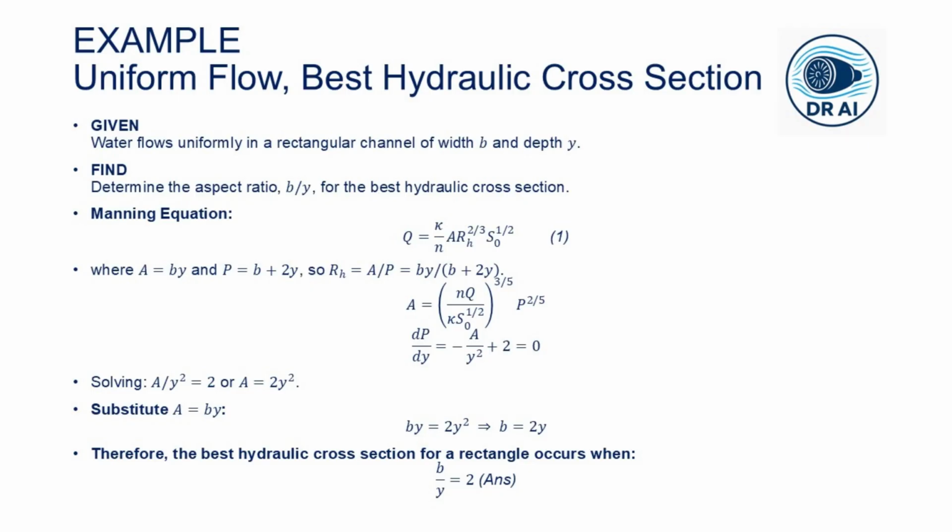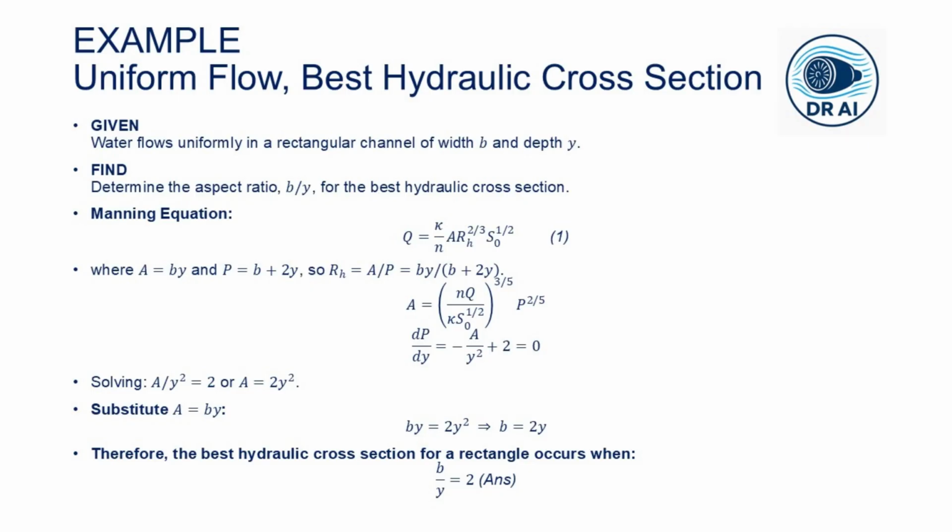So for practical shapes, we ask what the optimal proportions are. For a rectangle, the best hydraulic section occurs when the depth is half the width, or the B over Y ratio is equal to 2.